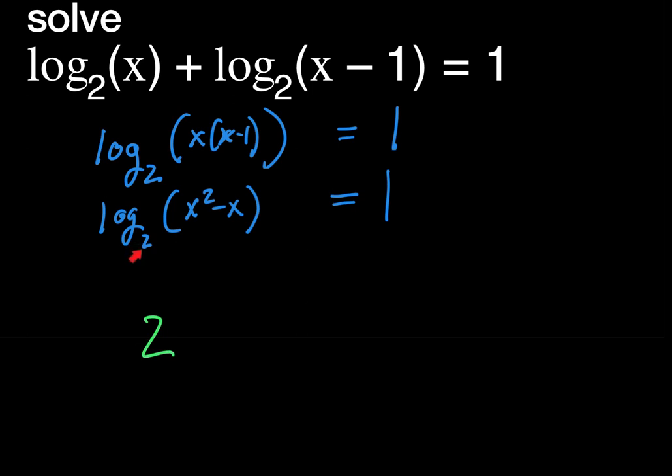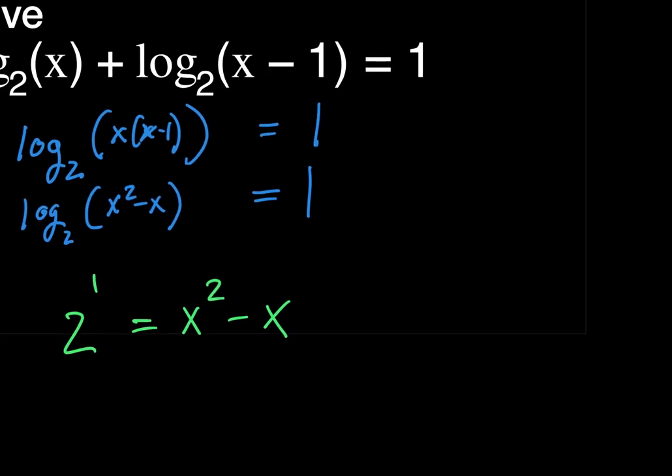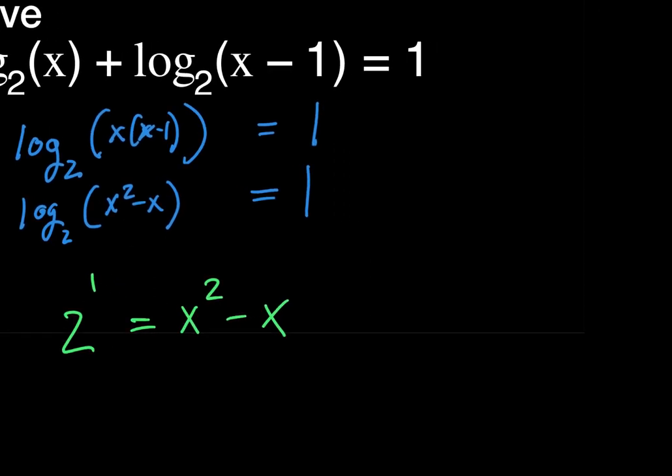The exponent is what the whole thing equals. So it's 2 to the 1 power equals x squared minus x. Or in other words, it's 2 equals x squared minus x. I need to find x. I need to solve for x.